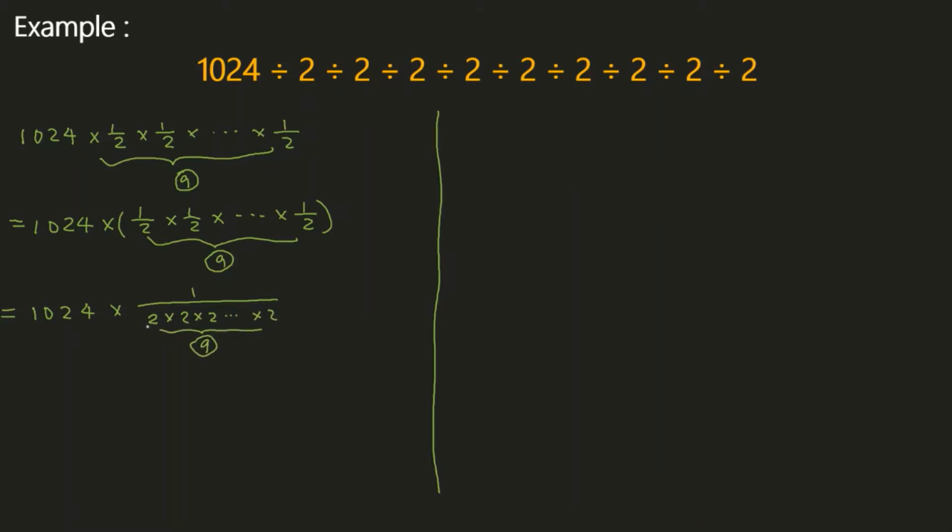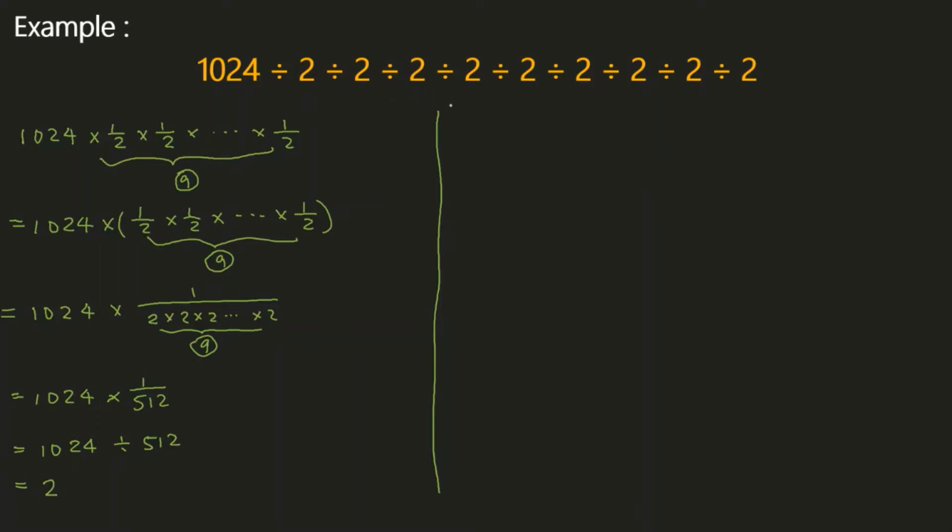So we know that 2 times itself 9 times is 512. So it becomes 1024 multiplied by 1 over 512. From here, multiplying by a number's reciprocal is the same as dividing by that number. So we can rewrite this as 1024 divided by 512. And the answer is 2.